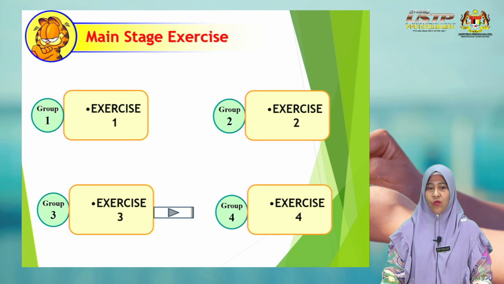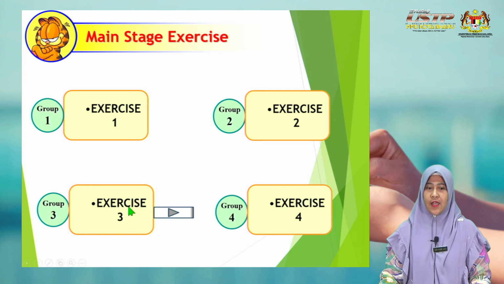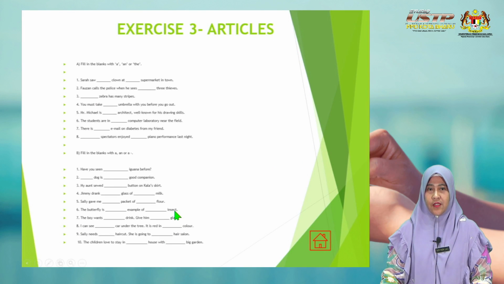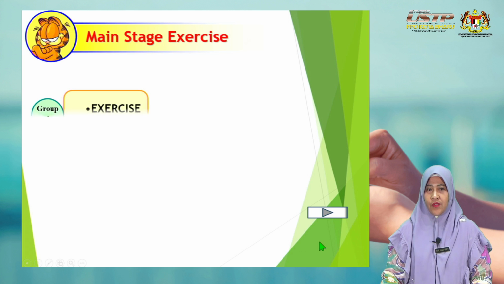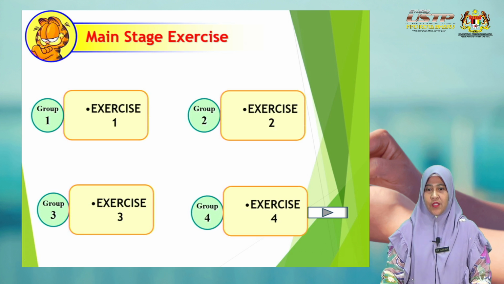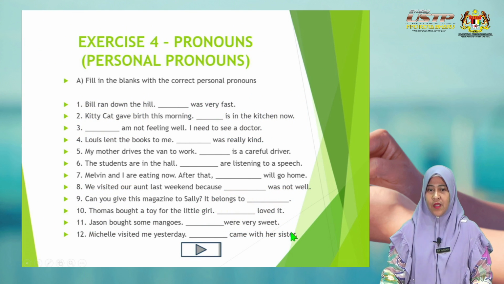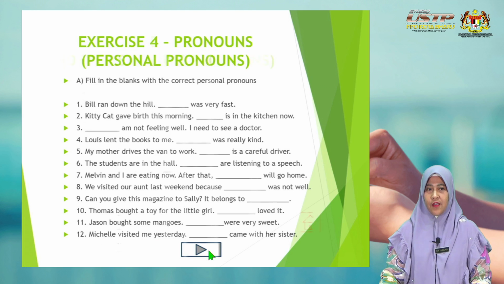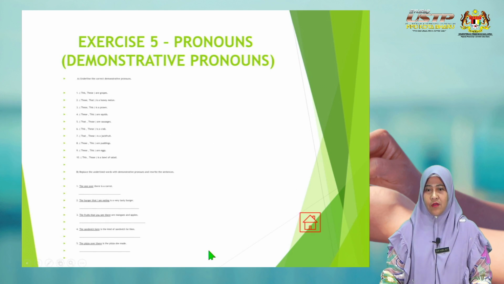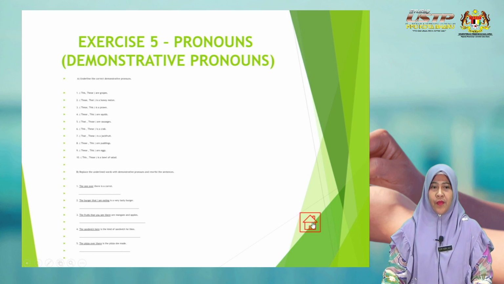The third group will do and discuss exercise 3, that is articles. And the last group will do exercise 4, that is personal pronouns, and also exercise 5, demonstrative pronouns. Okay, that's all for the main stage.